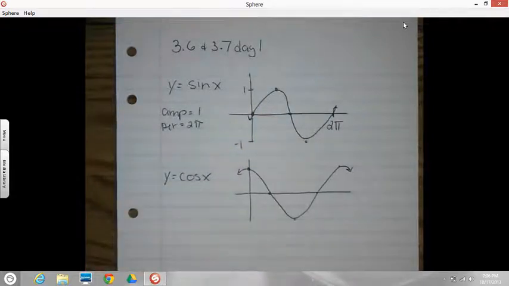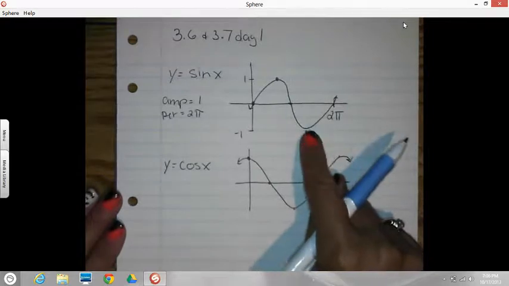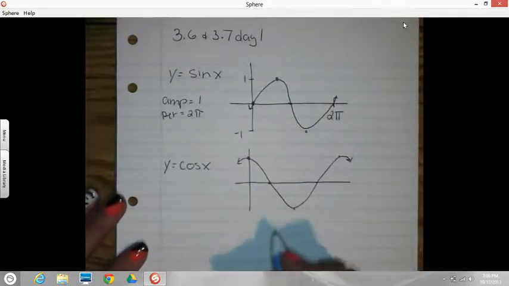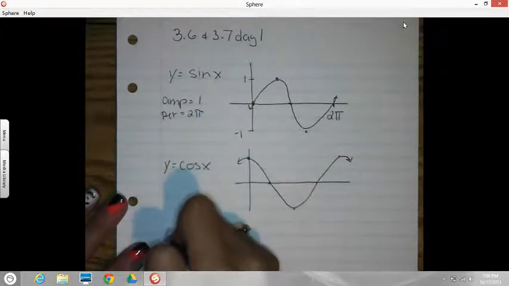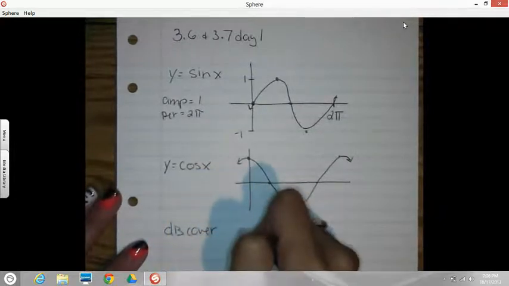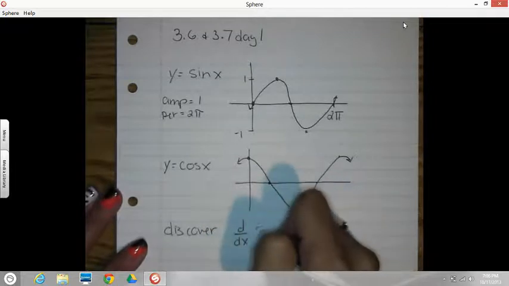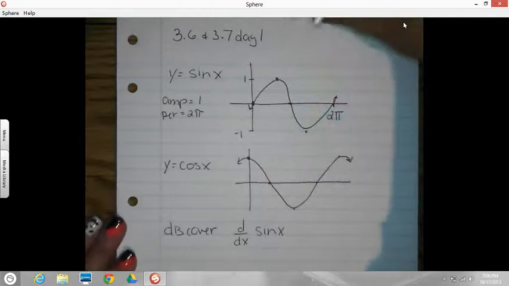Okay, what we want to look at, first of all, is sine's derivative. So we want to discover the derivative, that'll be d dx of the sine function. So we're going to graph both.